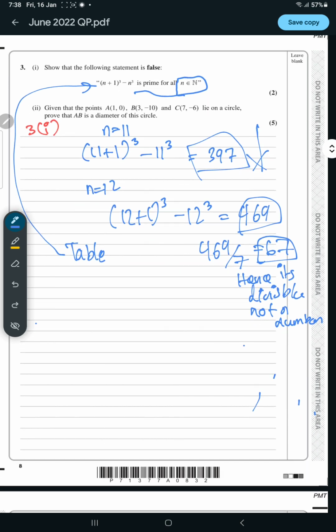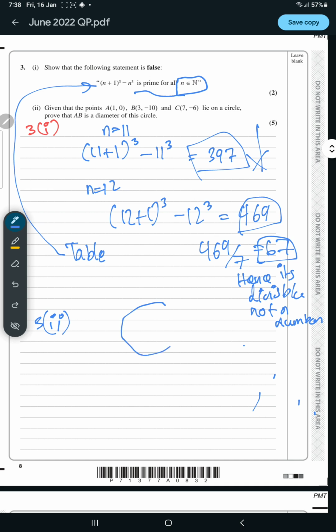Given that the points A(1, 0), B(3, -10), C(7, -6) lie on a circle, prove that AB is a diameter of the circle.